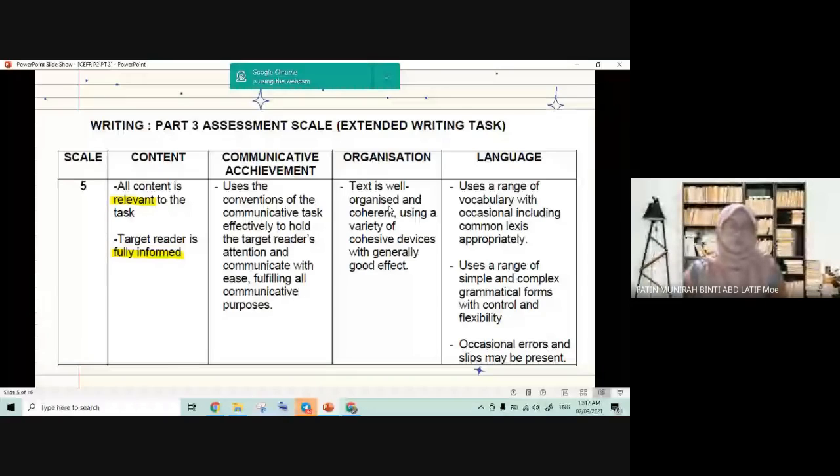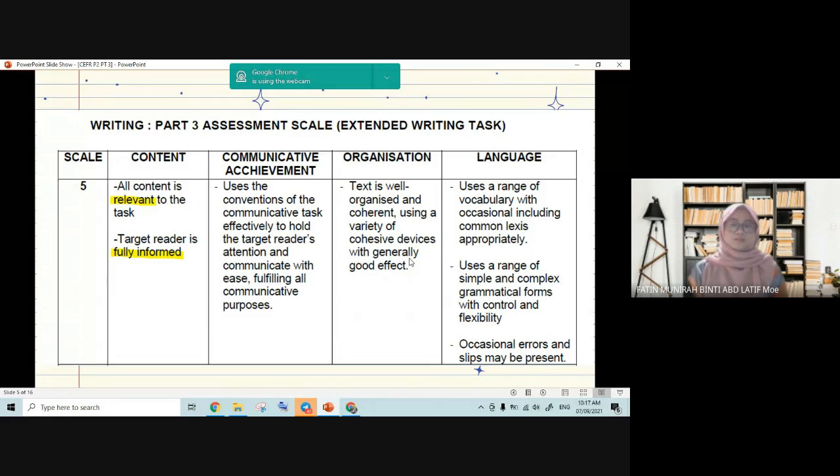You use cohesive devices. For example, we have linking words. Secondly, thirdly, yang tu basic. Okay, or you can use linking phrases such as it was good to be true, but or suddenly, kalau cerita suddenly, instead of using suddenly, you use out of sudden.